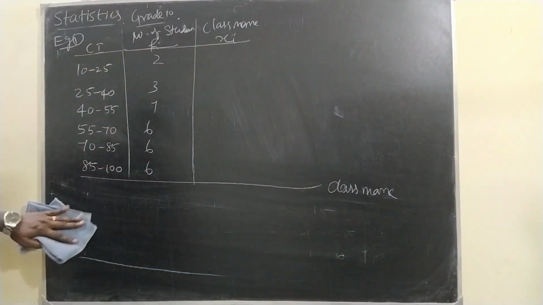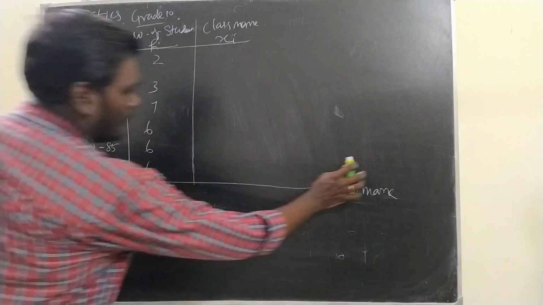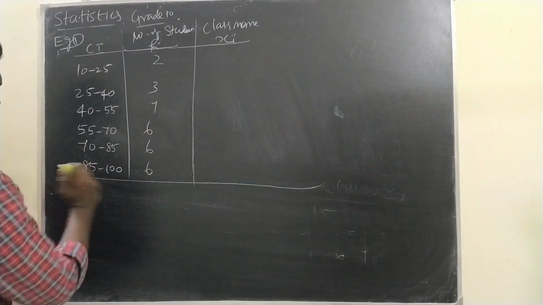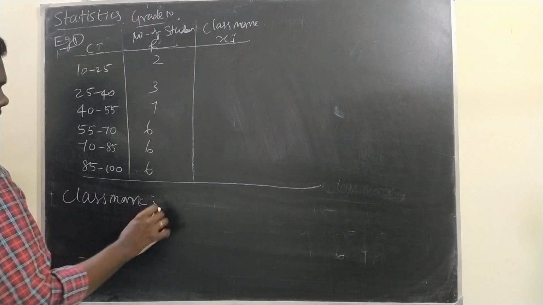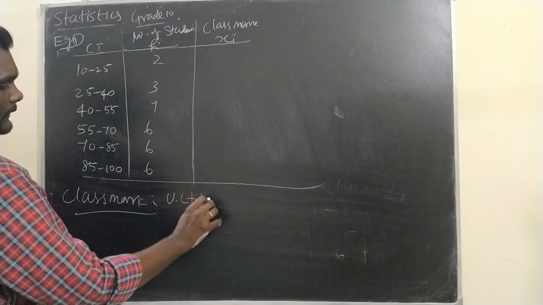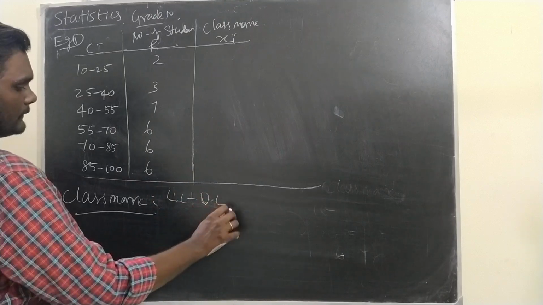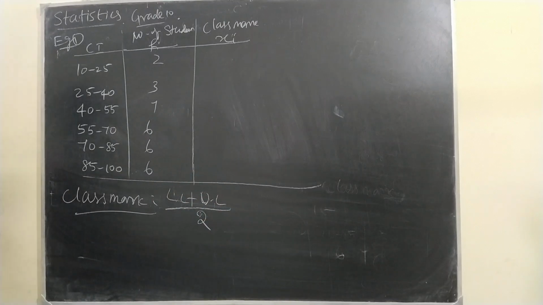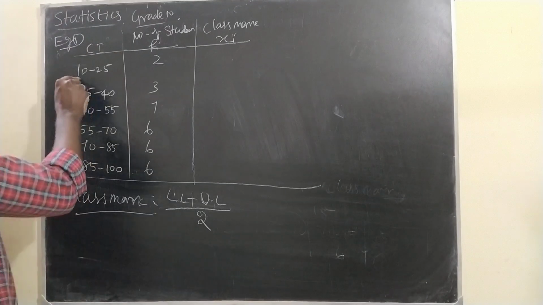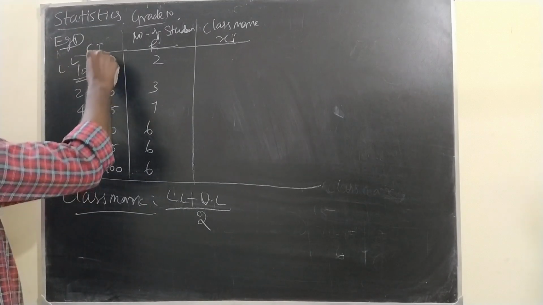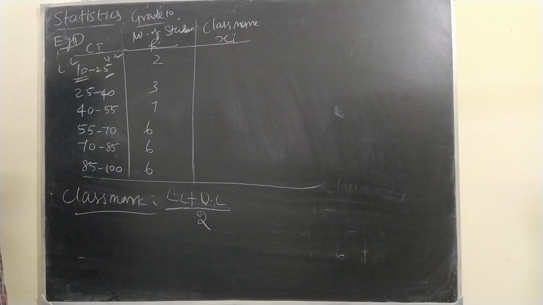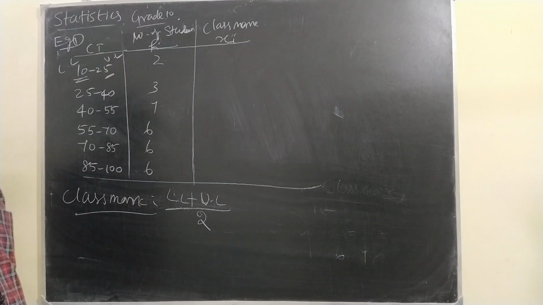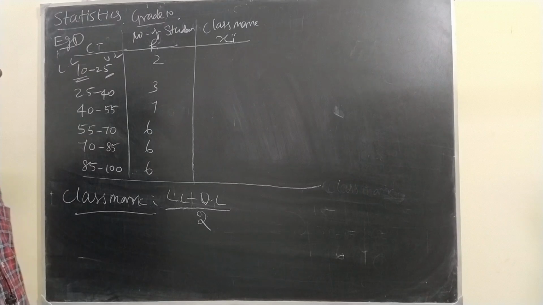Now, the class mark is, wait, let me complete. The class mark is lower limit plus upper limit by 2. This number is the lower limit. This number is the upper limit. So 10 plus 25 by 2. 35 by 2.